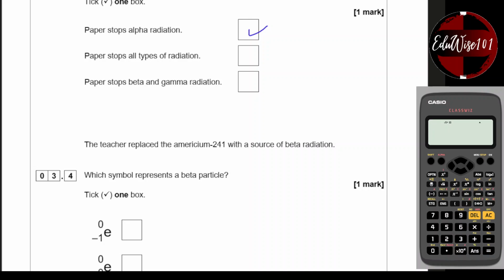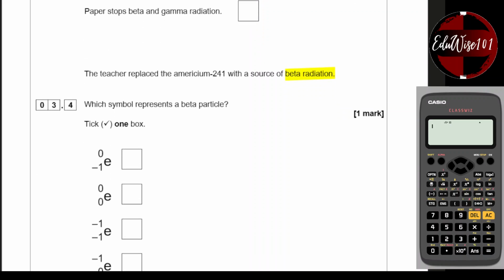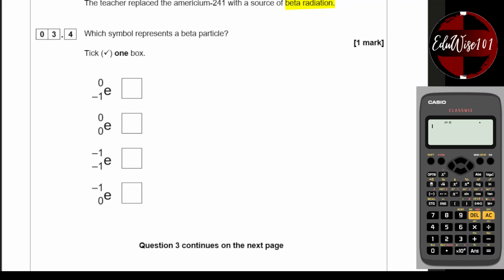The teacher replaced the americium-241 with a source of beta radiation. Which symbol represents a beta particle? Now, you have to remember that a beta particle is a fast moving electron.